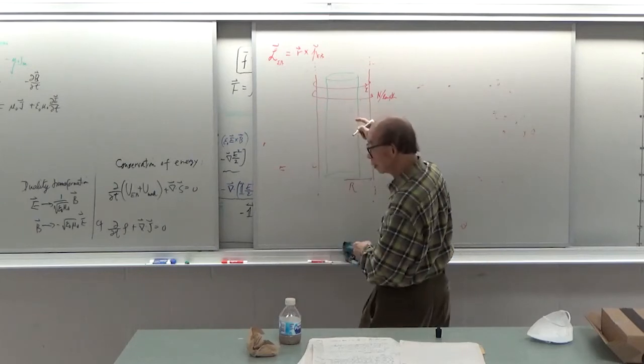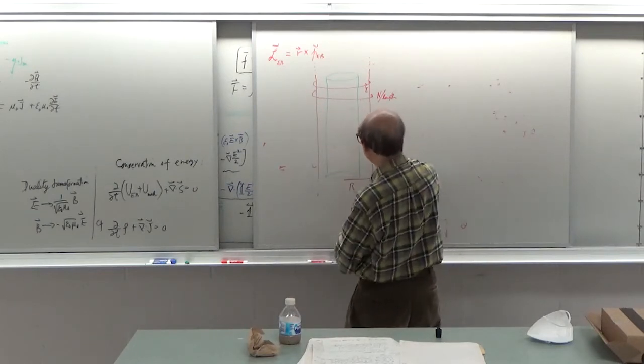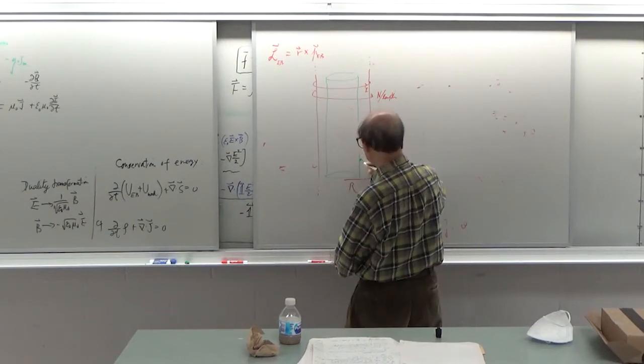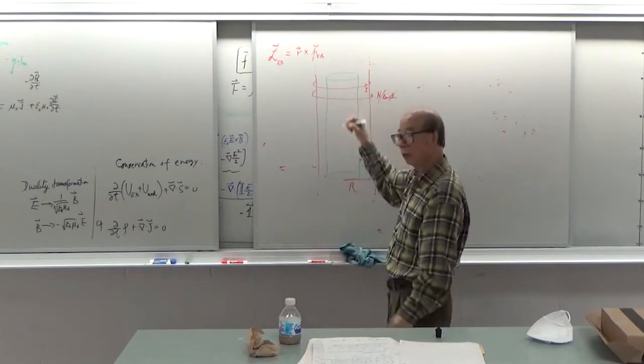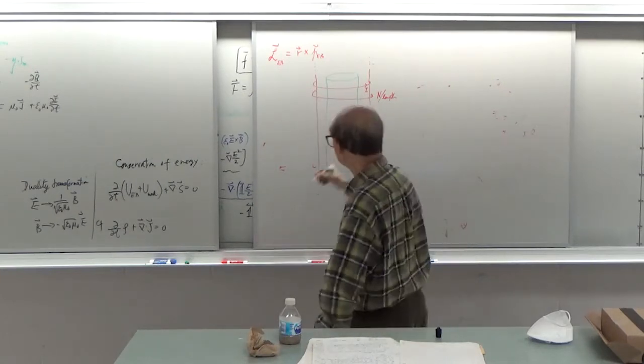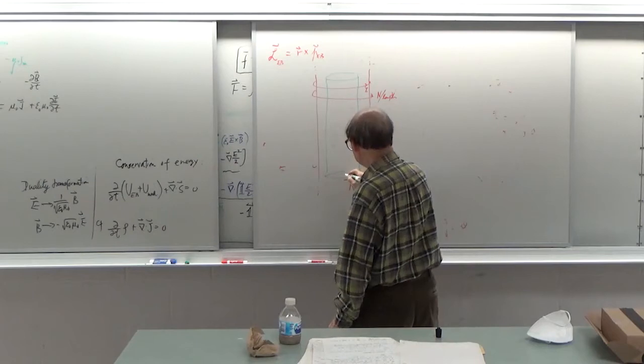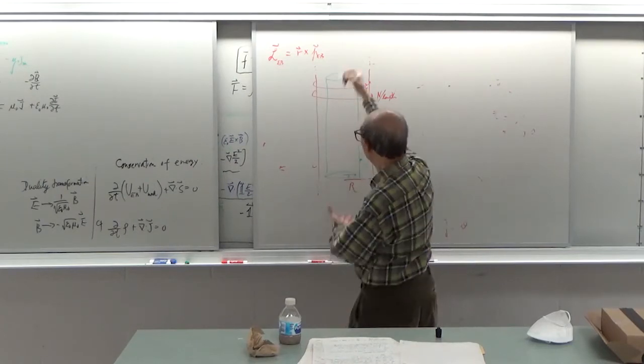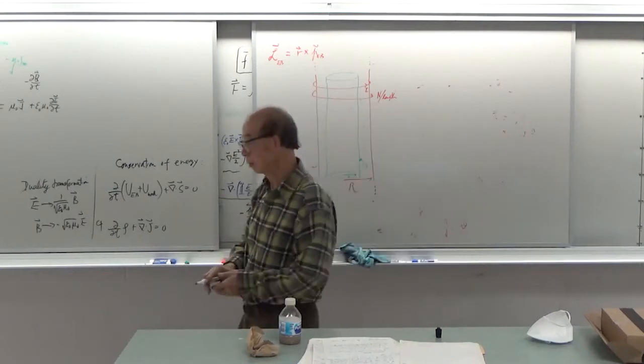This is a cylindrical shell. It carries positive charge, distributed uniformly on the shell. And this cylinder has radius small a. It's a long cylinder.